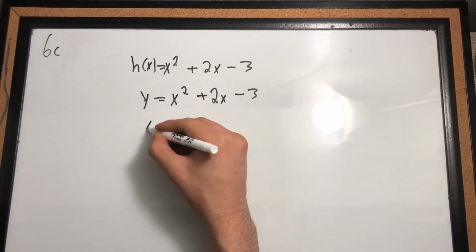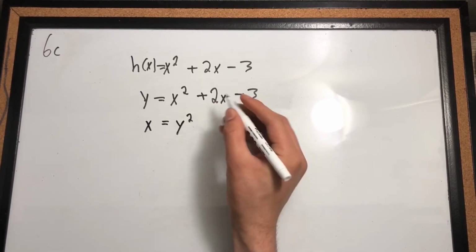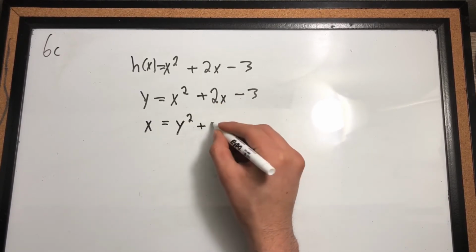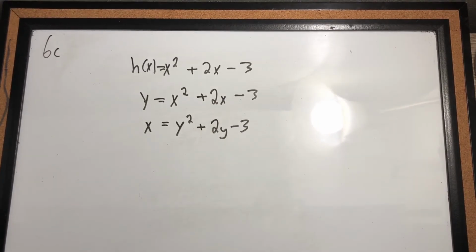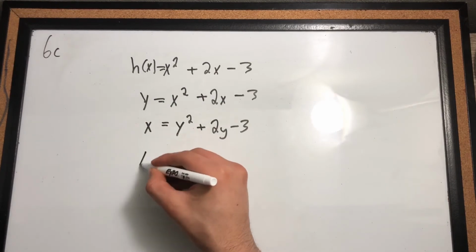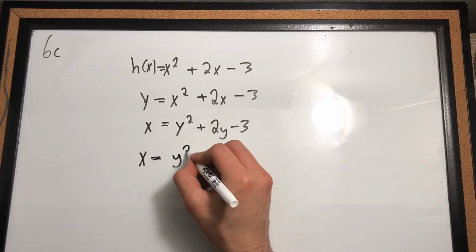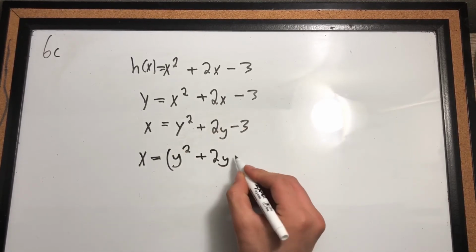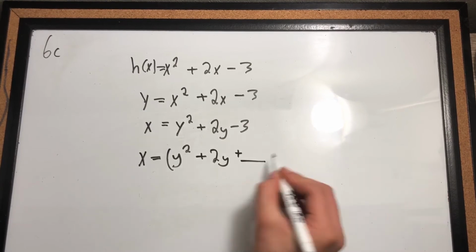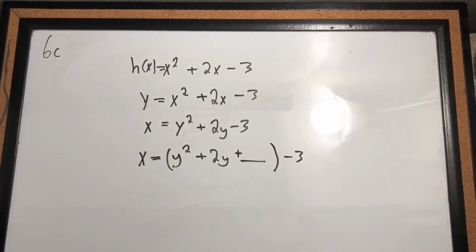So you're going to get x equals y to the power of 2 plus 2y minus 3. So now you got to put certain parts in different parentheses. So your new equation is going to be x equals this is going to be your new equation.